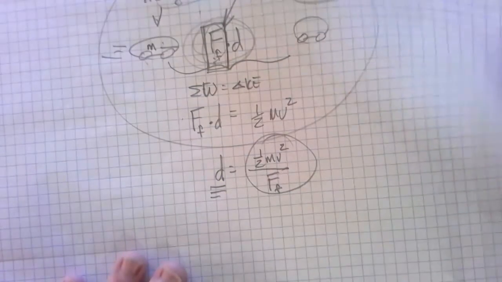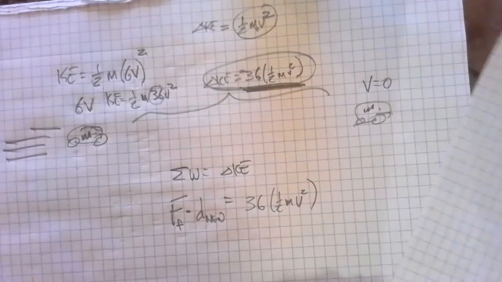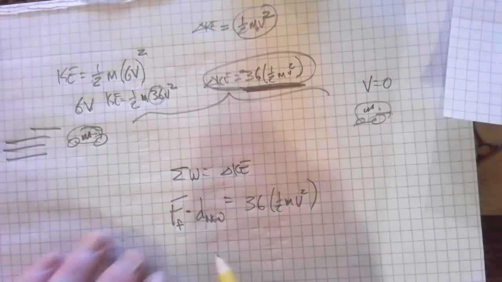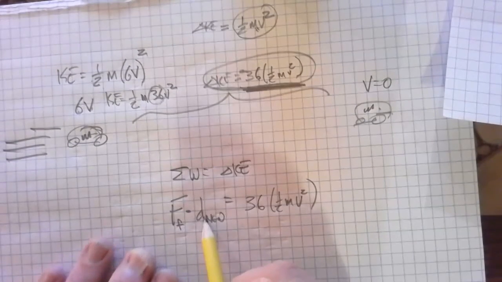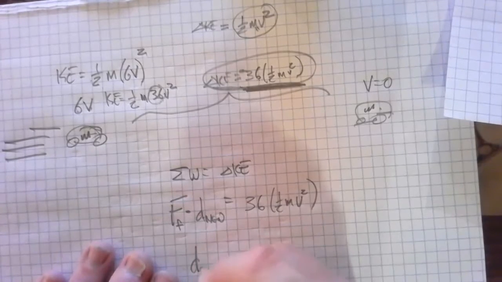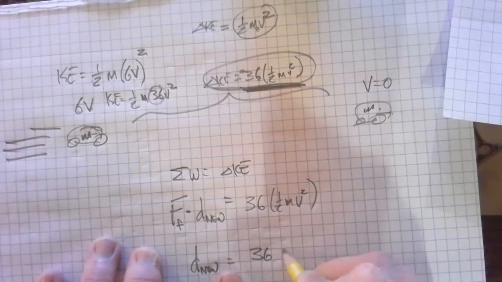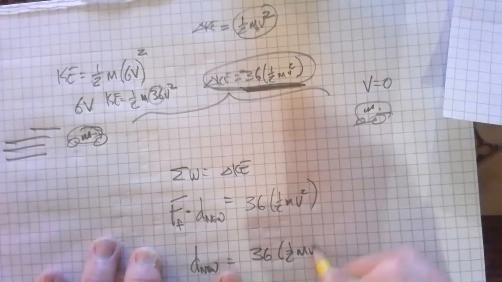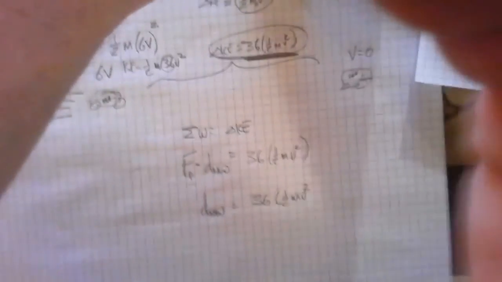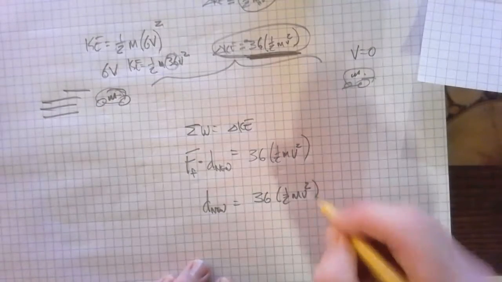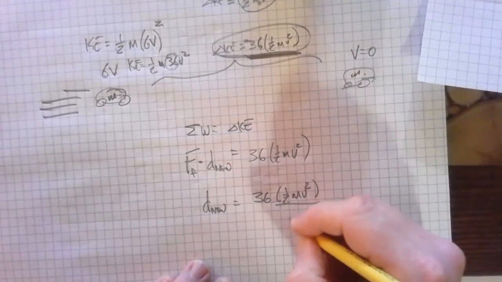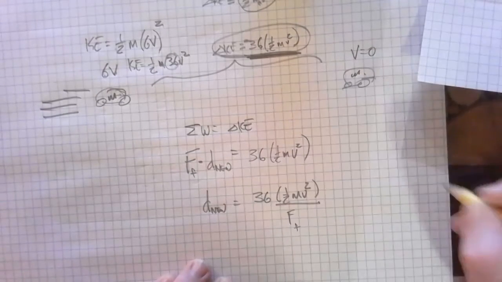If I go to the new problem and I solve for this stopping distance, the new stopping distance is 36 times 1/2 mv squared divided by that braking force.